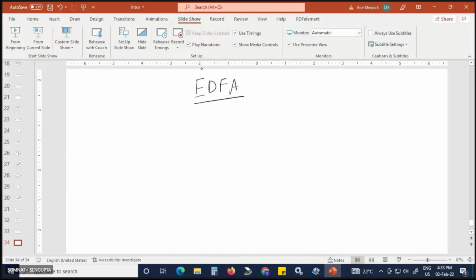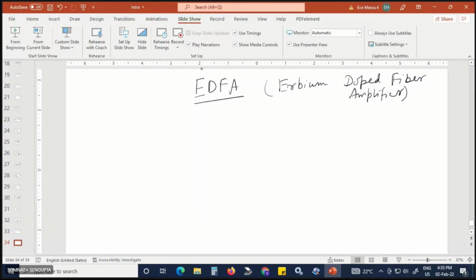EDFA, the erbium doped fiber amplifier. Here we have hardware kits for that fiber amplifier. Basically, after transmission, the signal may get lost.